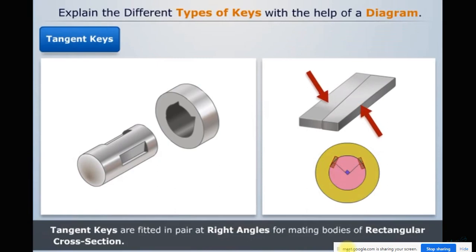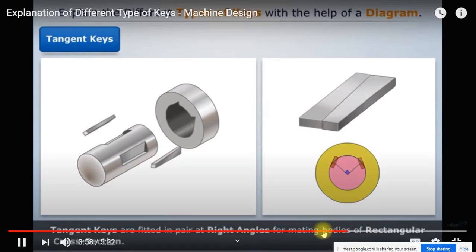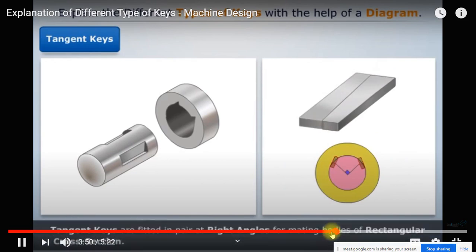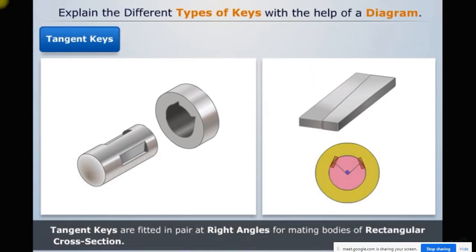Tangent keys are fitted in pairs at right angles for mating bodies of rectangular cross section as shown.